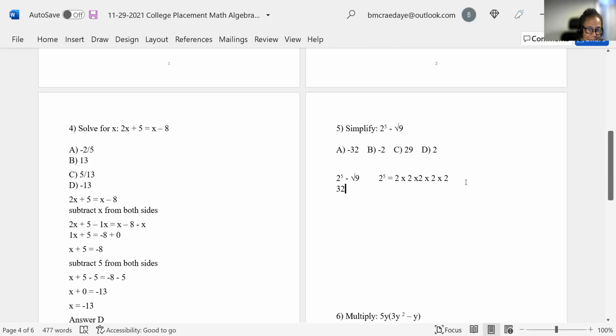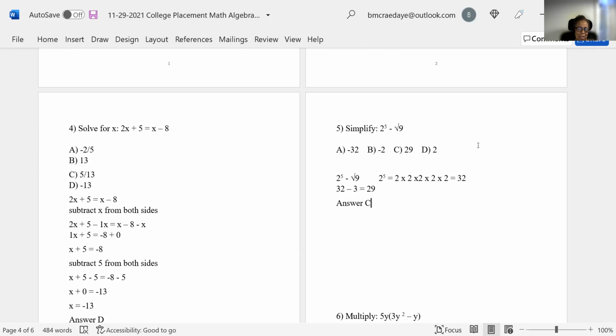What's the square root of 9? 3. So 32 minus the square root of 9, which is 3. And what's that equal to, Maureen? What's 3 from 32? 29. So what's your answer? C. Very good.